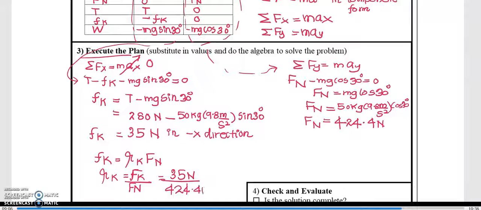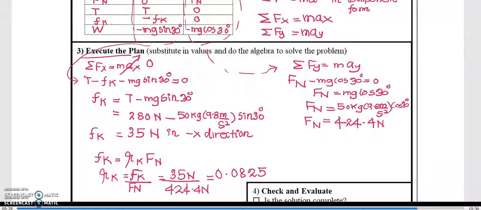And for the normal force, I have 424.4 newtons. Divide, you get, I'm solving for it now. So let me see what I get. I get 0.0825 for the coefficient of kinetic friction.